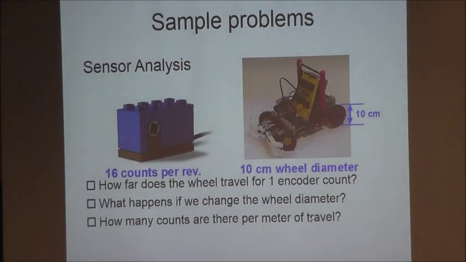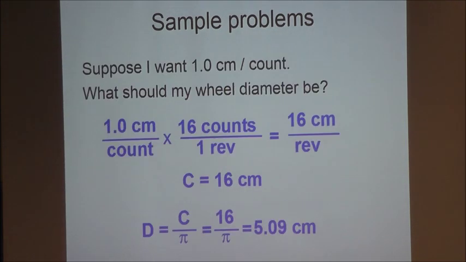So the next question was, how many counts are there per meter of travel? Suppose we are traveling 1 meter with the robot, and it takes a finite number of revolutions, and assuming that you have 16 counts per revolution, how many counts will 1 meter of travel take?